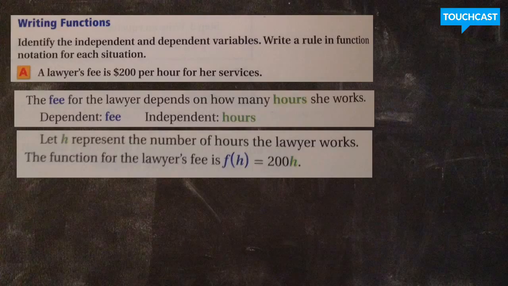So then in function notation, the function for the lawyer's fee is f of h equals 200 times h, meaning that the fee that we will have to pay is going to be a function written in terms of the number of hours we see the lawyer times $200, the lawyer's fee.